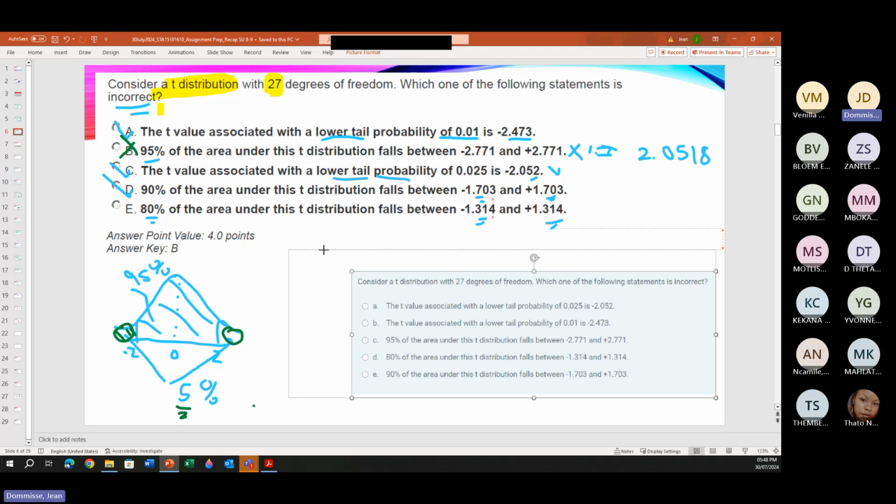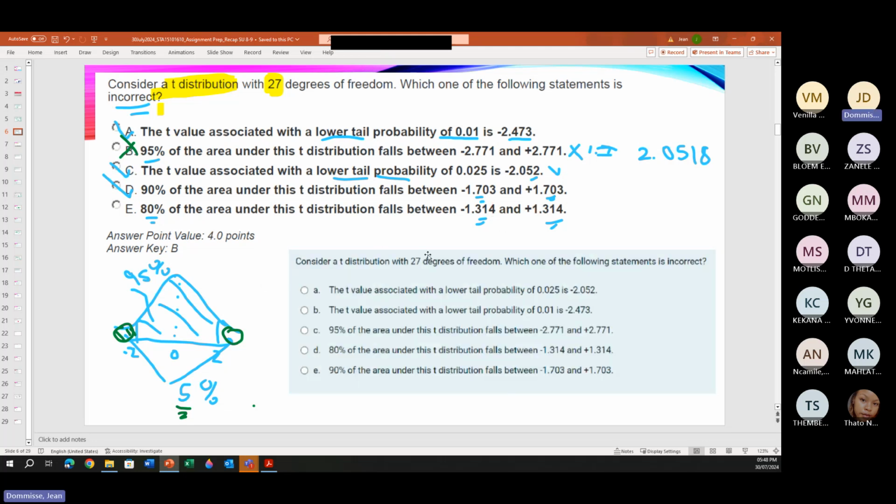So still 27 degrees of freedom. So the only difference nearly is that things have been swapped around.